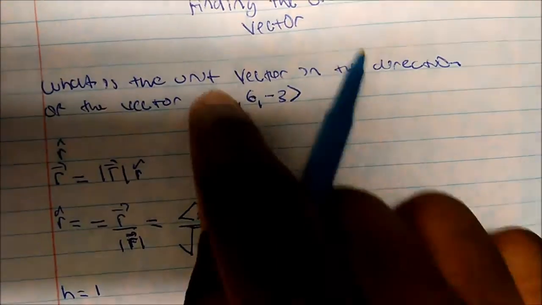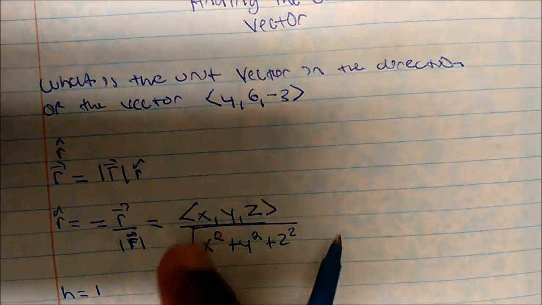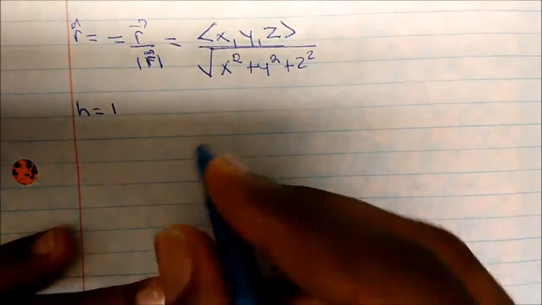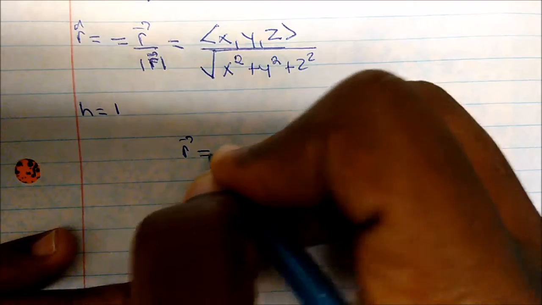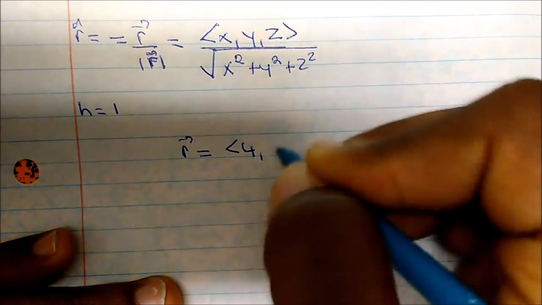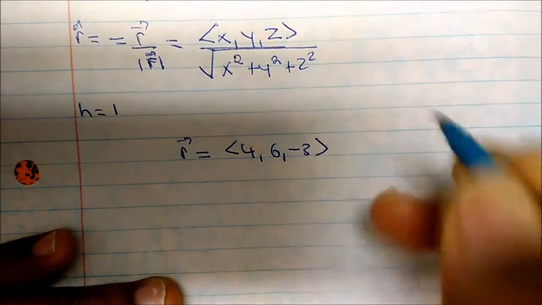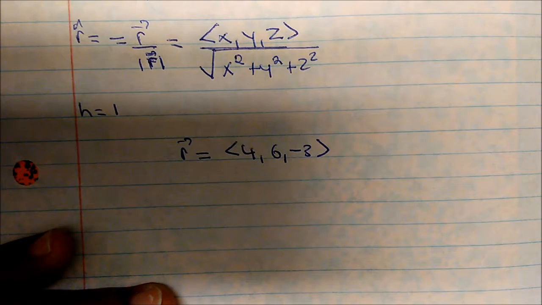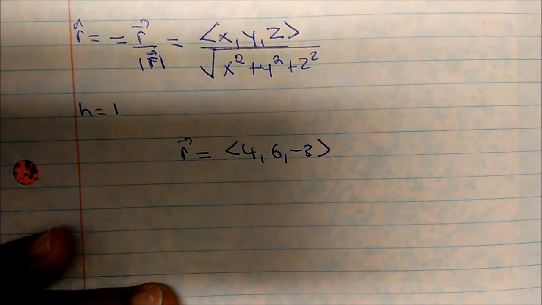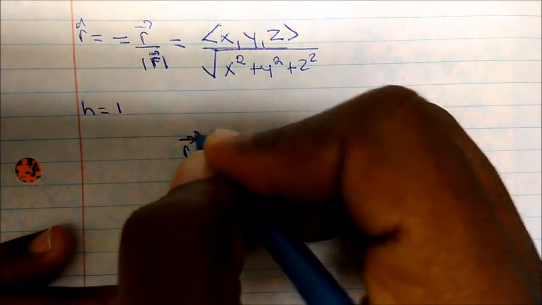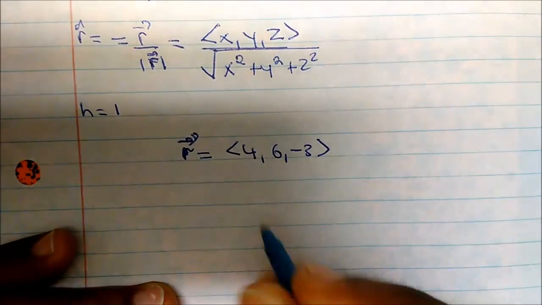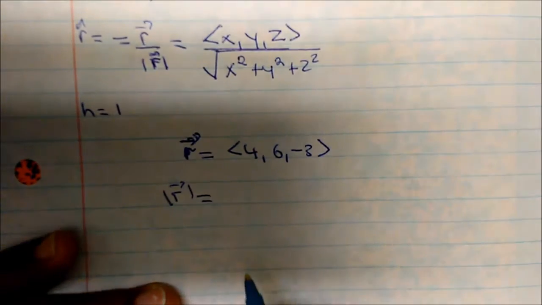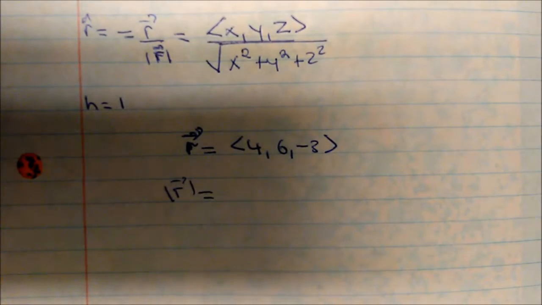So going back to this question, what would be the unit vector of 4, 6, and -3? Well, let's do the problem. This is the vector r, and it has components 4, 6, and -3. If I want to find the unit vector, I know that the magnitude of r is just the Pythagorean theorem.